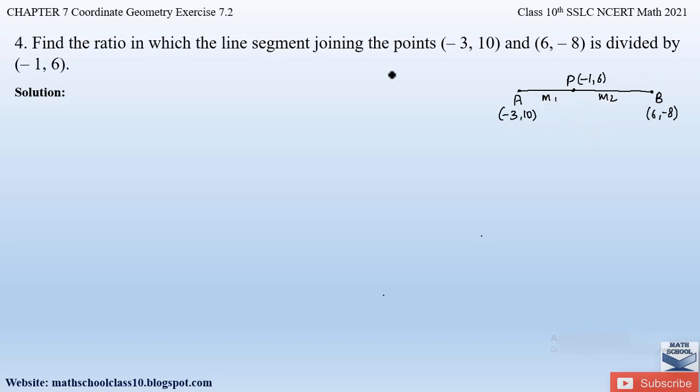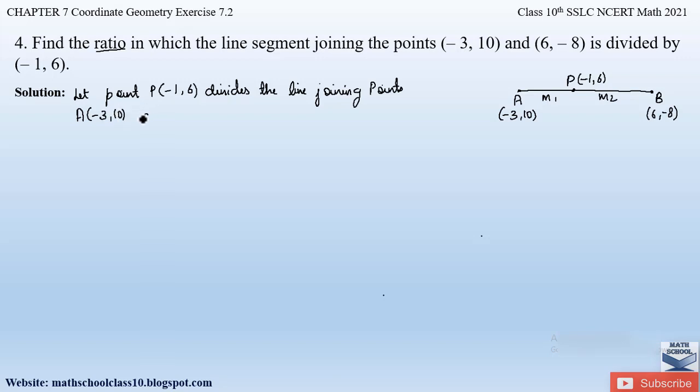So again, whenever they ask us to find out the ratio or the coordinates of the point which divides the line segment AB, we have to use the section formula. So first of all, let us write down, let point P given as (-1, 6) divide the line segment joining point A given by (-3, 10) and point B given by (6, -8).